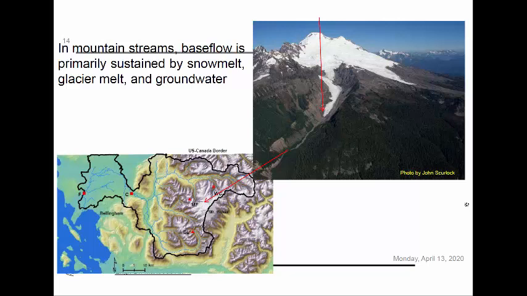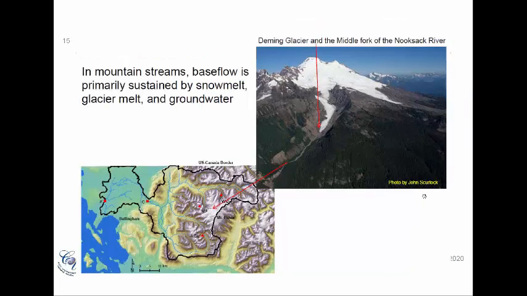In higher elevation areas where the topography is usually high, the base flow is composed of water that is coming from the snow melt or glacial melt, including the groundwater as well, but the major component is coming from the snow melt or any water that is stored there in other forms.